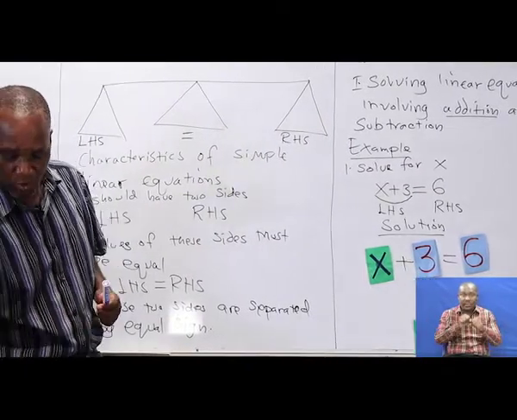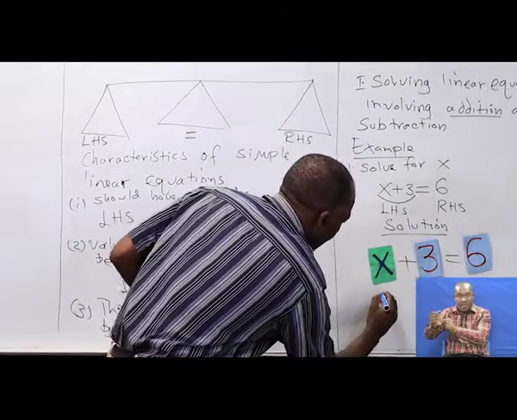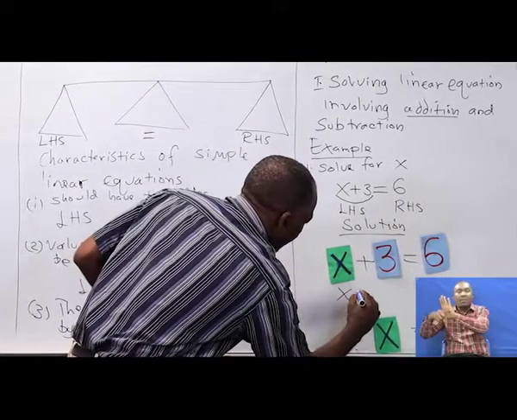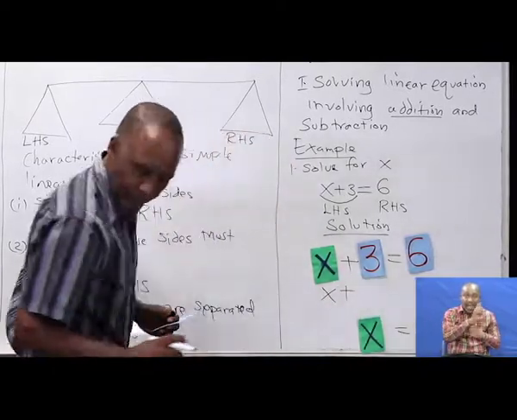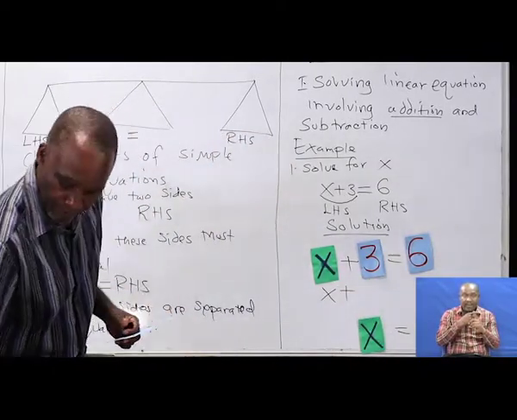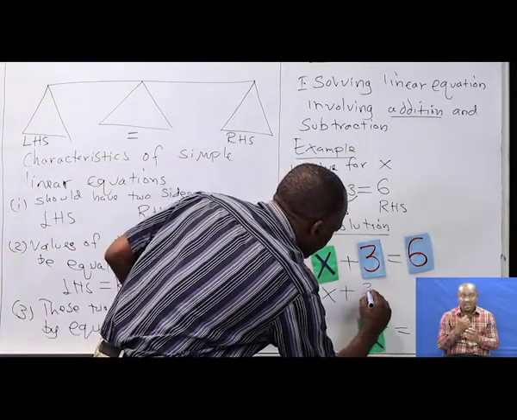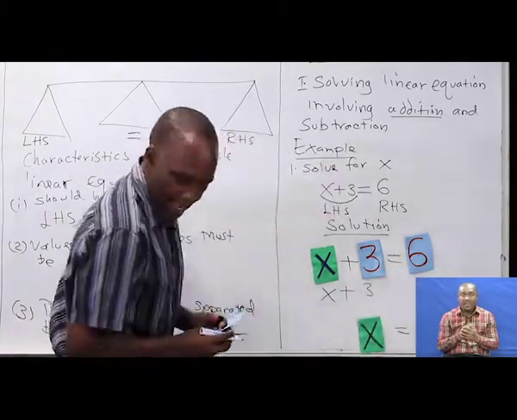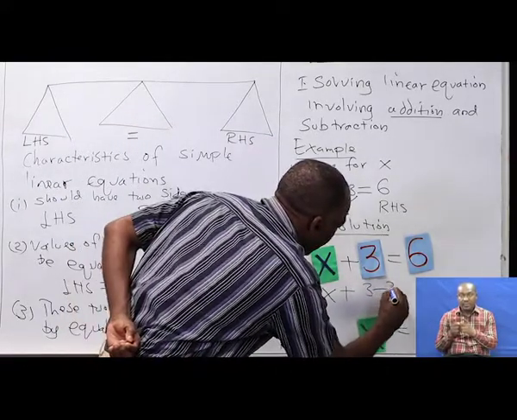We need to minus. So here is going to be x plus 3, and then we are going to minus 3 again.